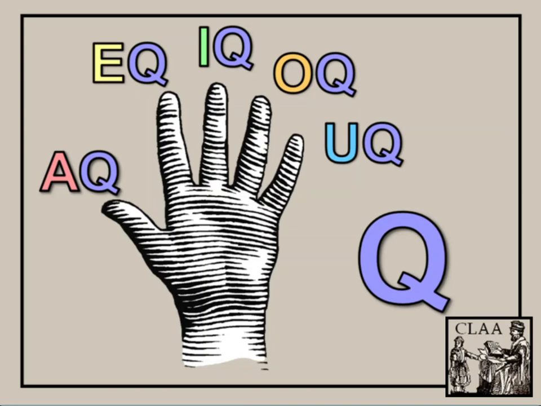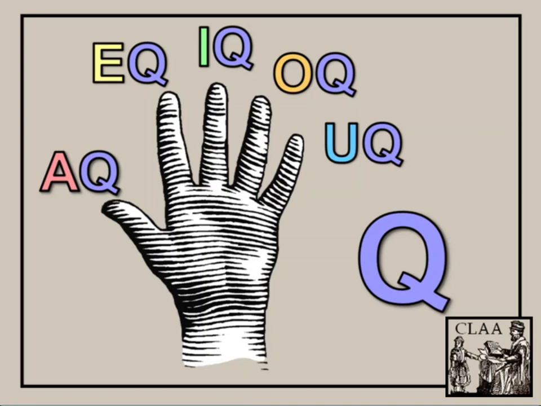You should have spelled E-Q, ek. Spell for me the syllable uk, uk. You should have spelled U-Q, uk.